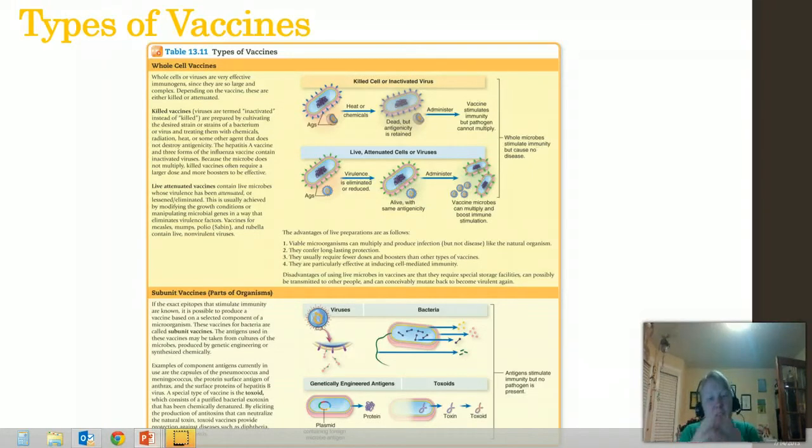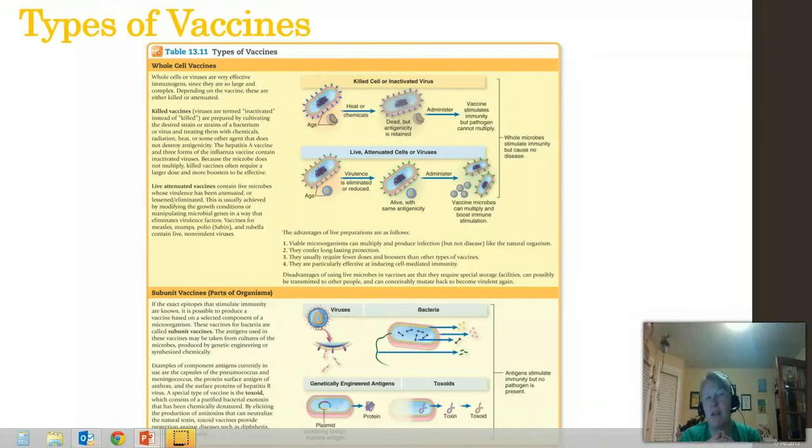These are vaccines where we take specific parts of the pathogen, so cell receptors, proteins, DNA, and we purify that out and put that into a vaccine, and then give that to somebody to help develop the immunity. There's two reasons why subunit vaccines aren't used as much right now.